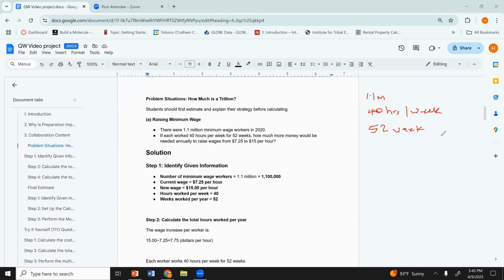And their wage, their current wage is 7.25, and we want to take that to $15 per hour. So from 7.25, we want to raise that to $15 per hour.